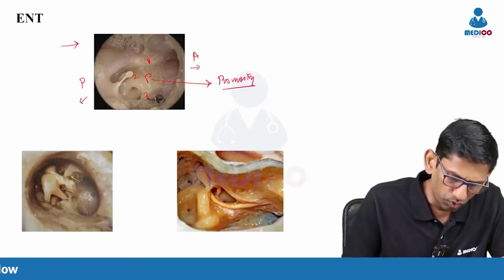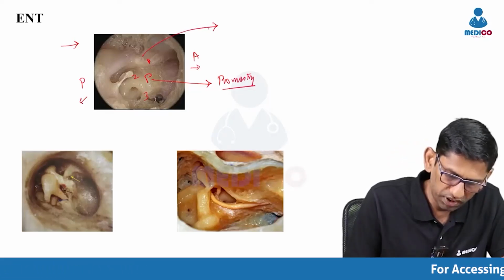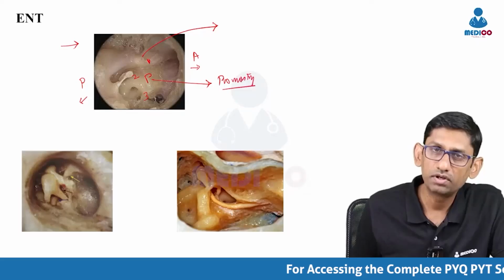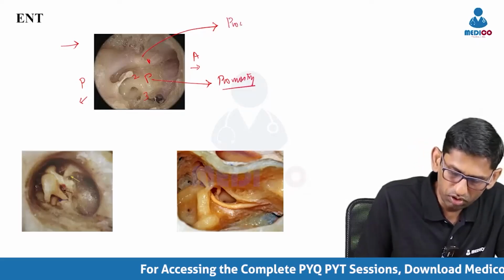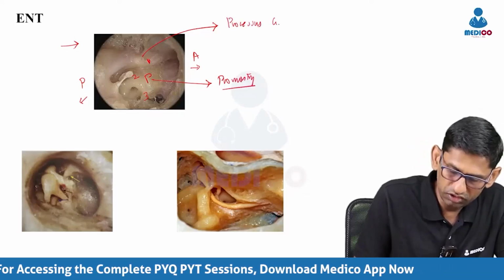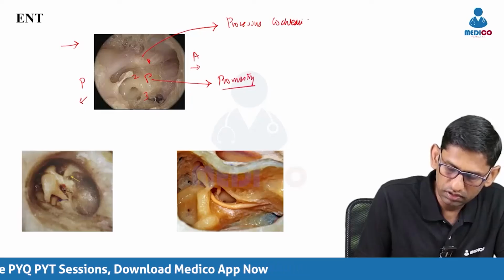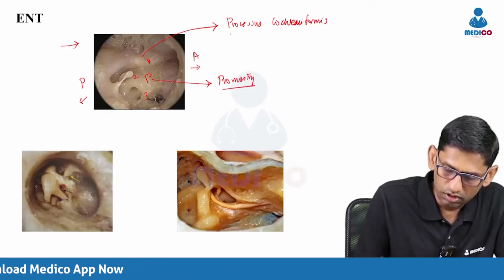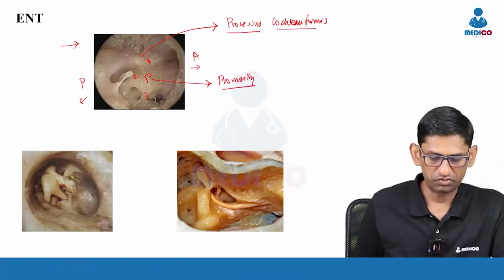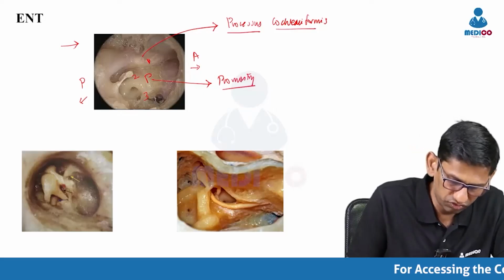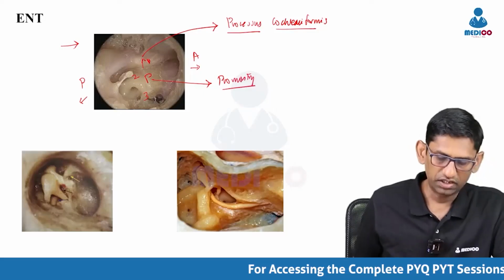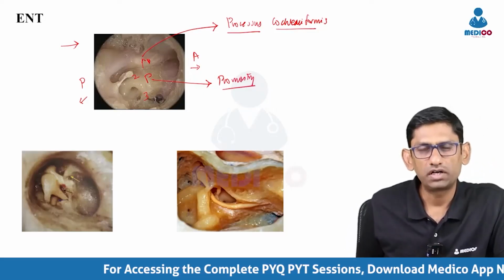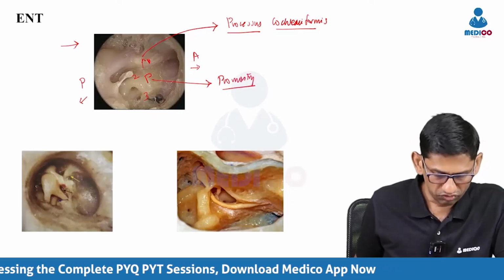So what is this bony projection in the antero-superior part of the medial wall of the middle ear? That is a very, very important MCQ area. That is called the processus cochleariformis. You can very clearly see this bony structure. What is this processus cochleariformis?